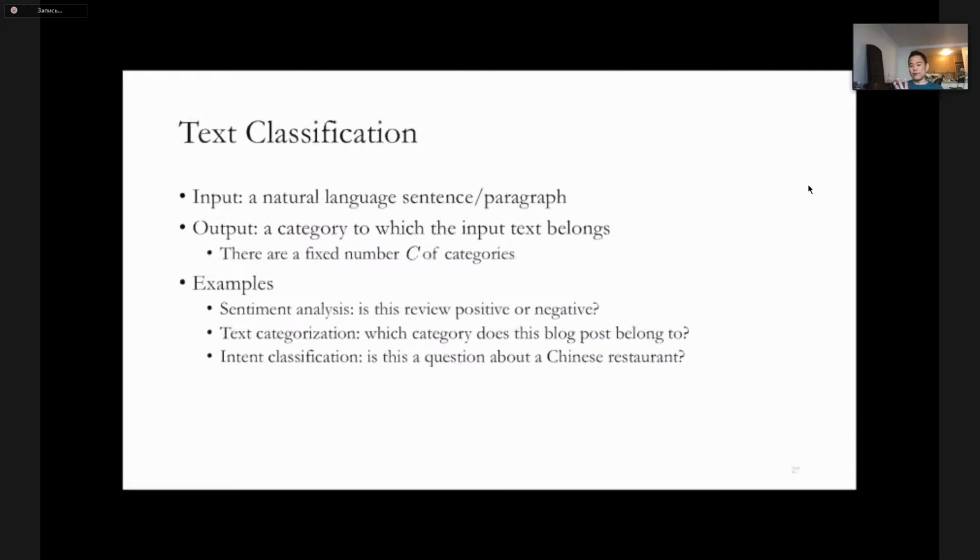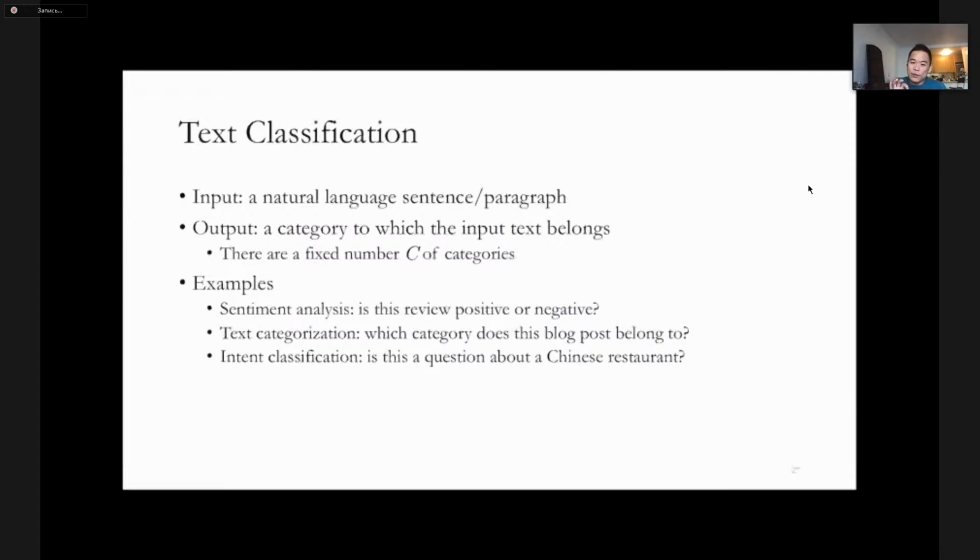There are often a fixed number of categories, although this is not necessary, in particular with natural language, because each of the categories could be described by a language, which allows you to work with a set of categories that varies from one example to another, one task to another. But that's a bit out of the scope of this lecture. If you want to know more, just ask me later.